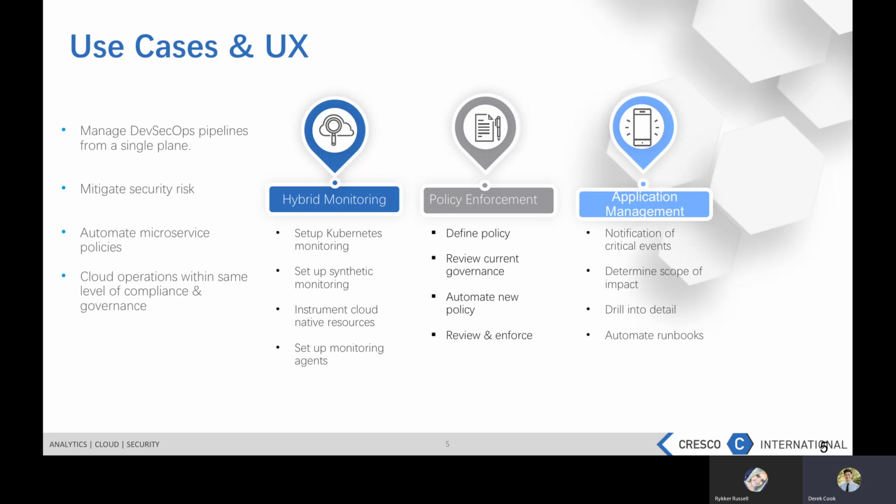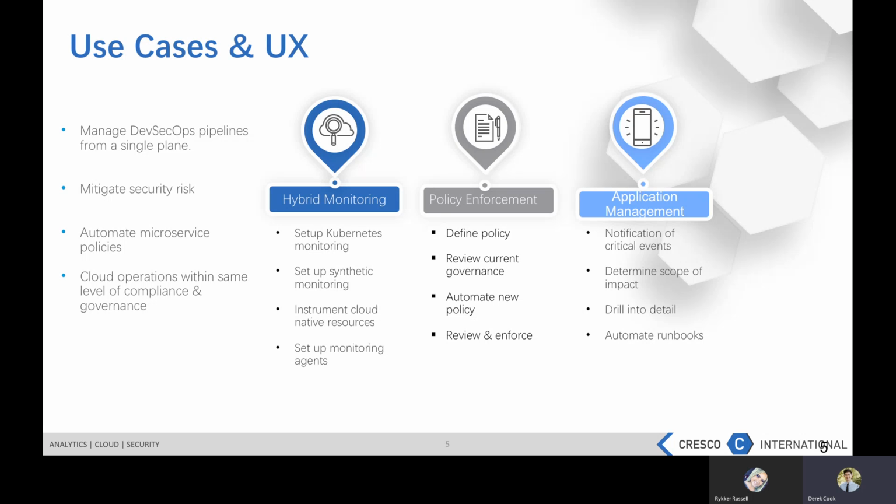You want to have the same level between both of those. So that being, we want to mitigate security risk, and this is going to use that compliance engine across a hybrid environment. And with the pre-integrated automation within it, we're able to then automate the policies at a microservice level, and then we're able to move the data between those resources again without risking any compliance integrity.